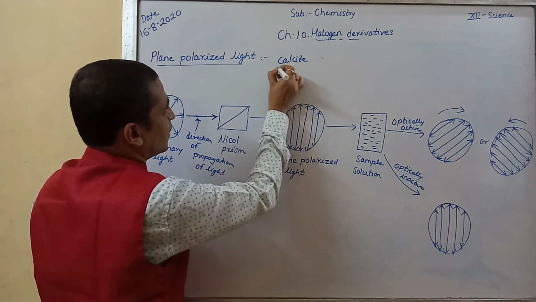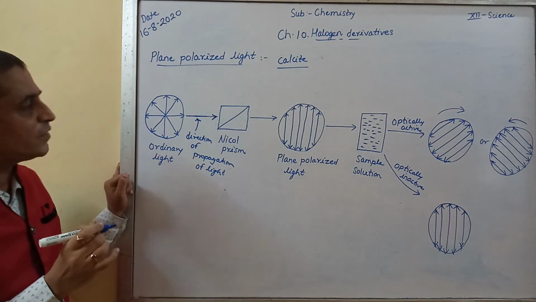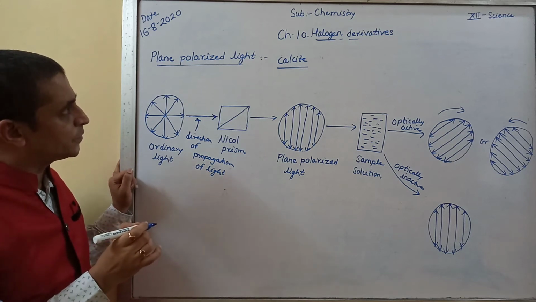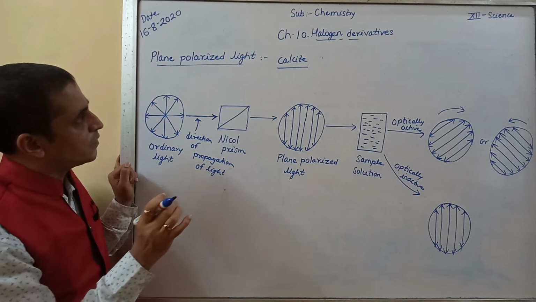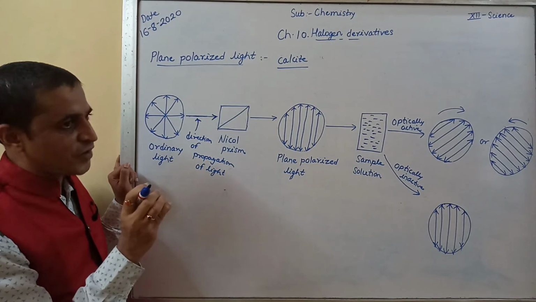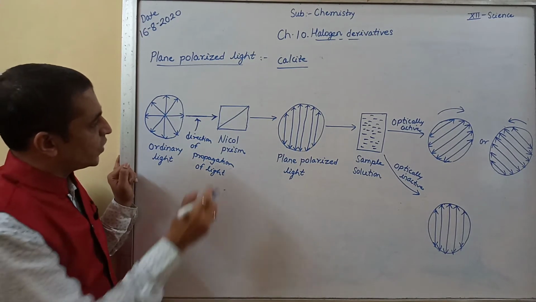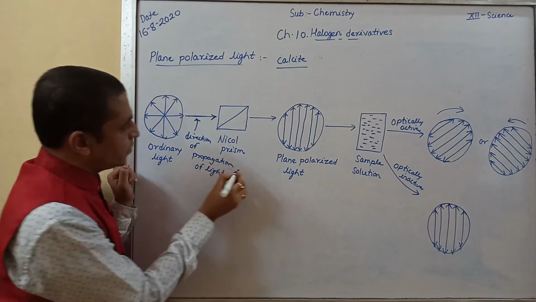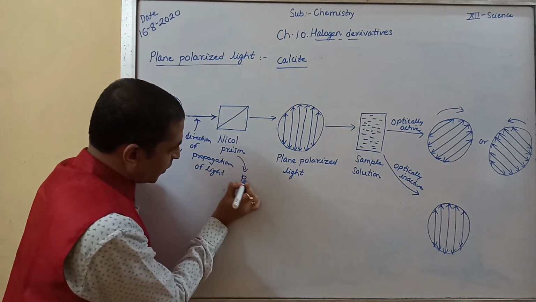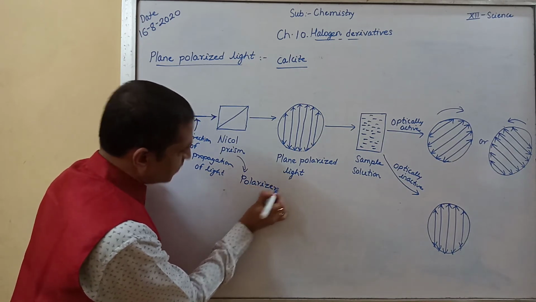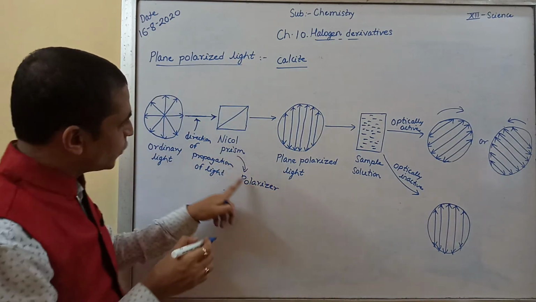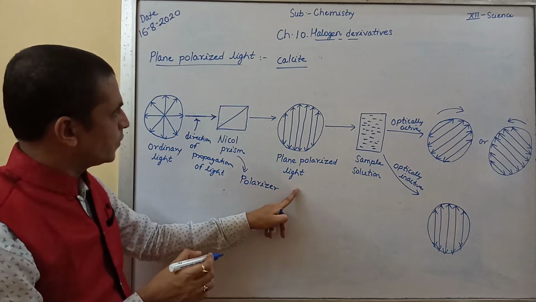Calcite is a crystalline form of calcium carbonate, whose pieces are arranged in a specified manner, then you get the nickel prism. This is also called a polarizer. Then you get plane polarized light.